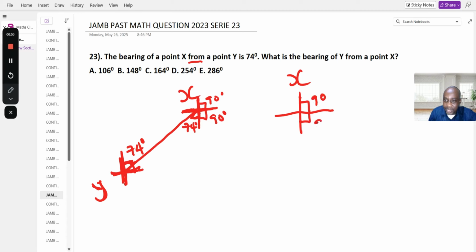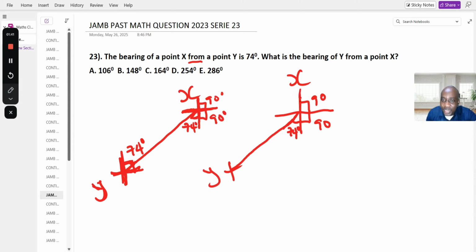From here to here is 90. And another one before, when you count another one, the corresponding angle is, since this space is 74 and this space is also 74, therefore from here to here will be 74 as well, before we move to Y here.